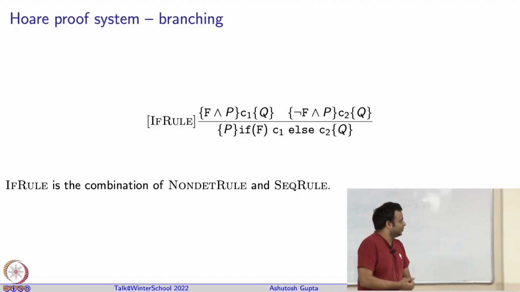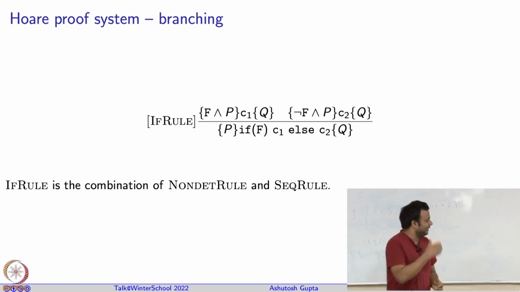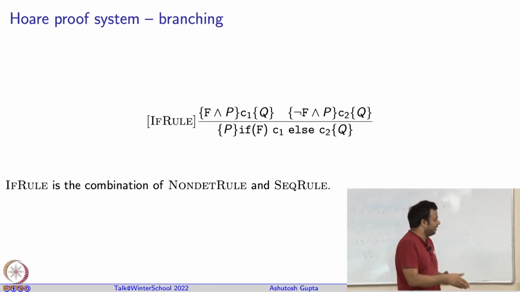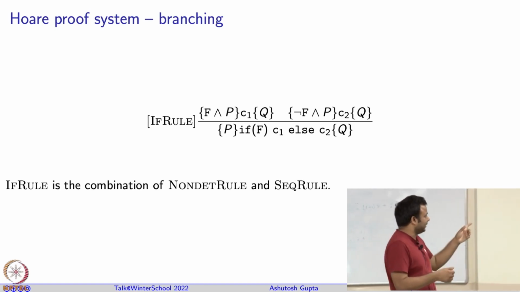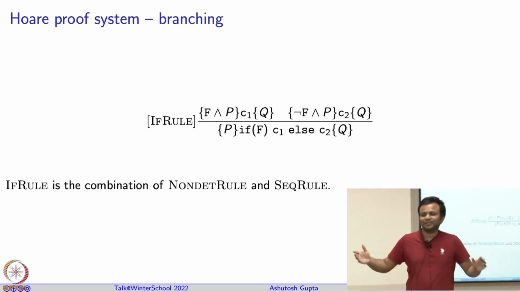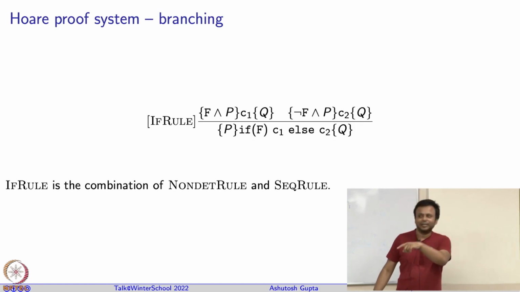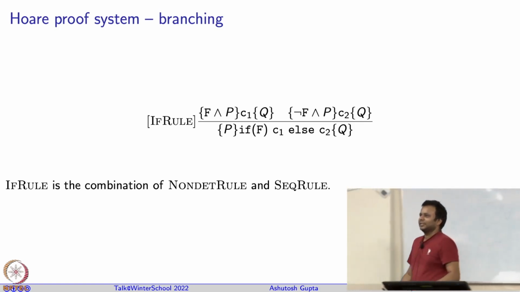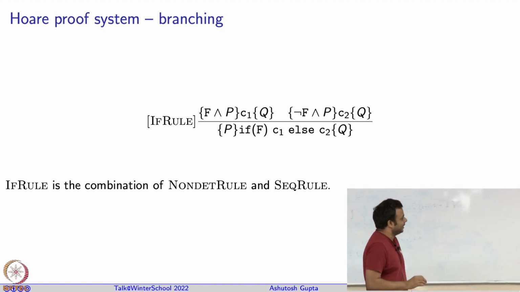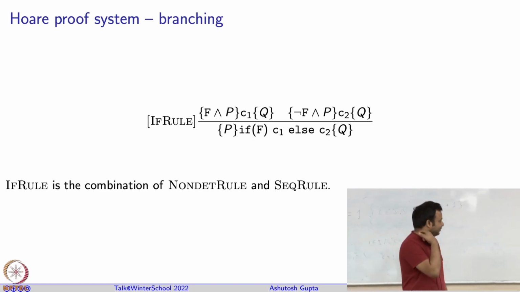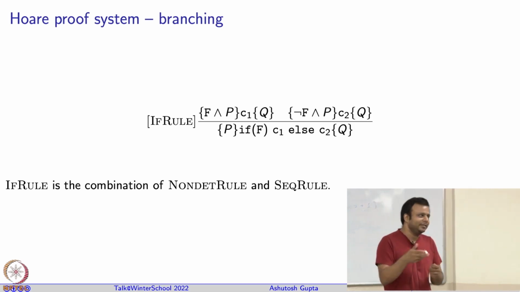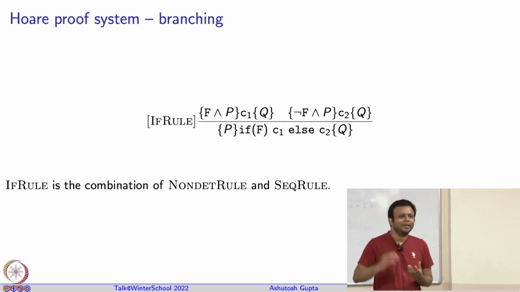So the if rule basically says that if you start with f and p, some formula p, and you land with q, and if you start with not f and p, where f is the condition in the program, and you also land in q, then whenever I start with p, I will land in q.